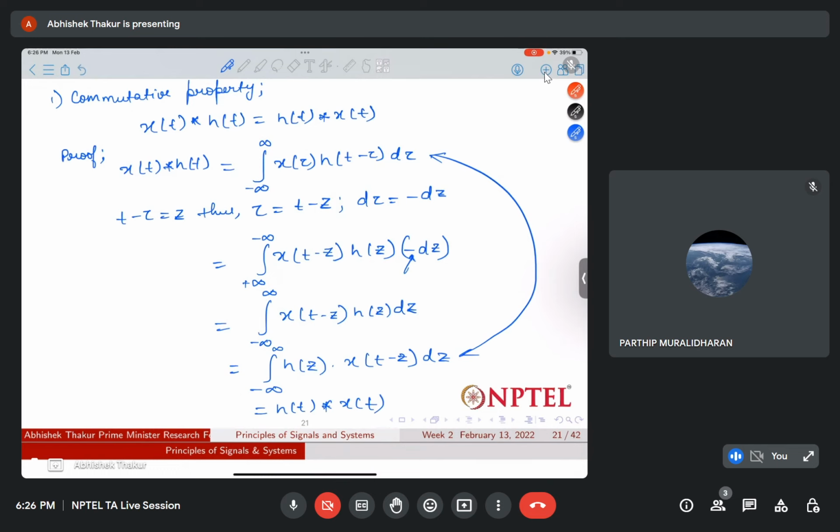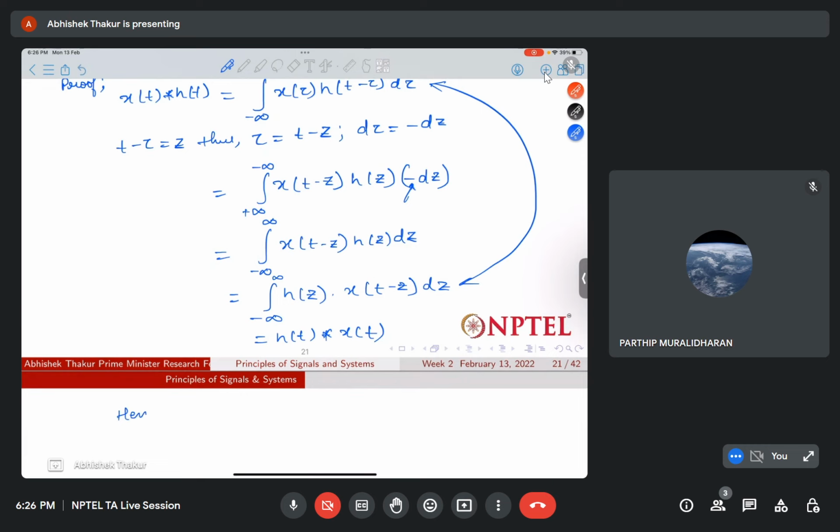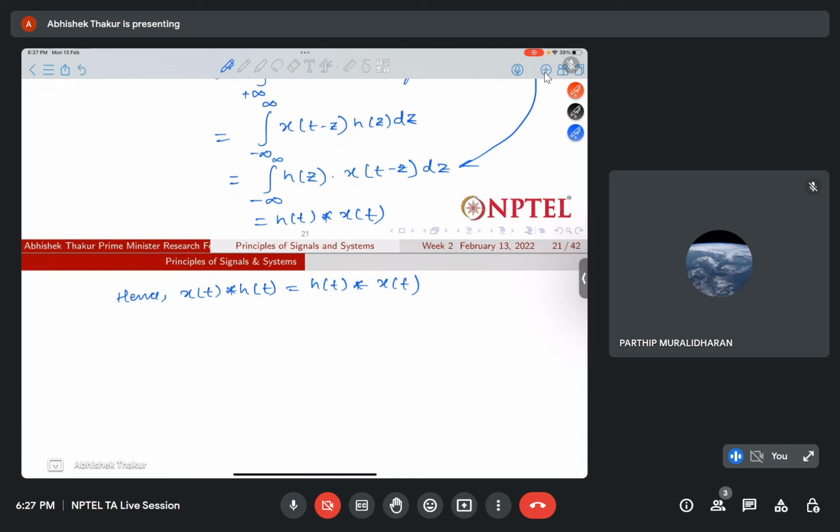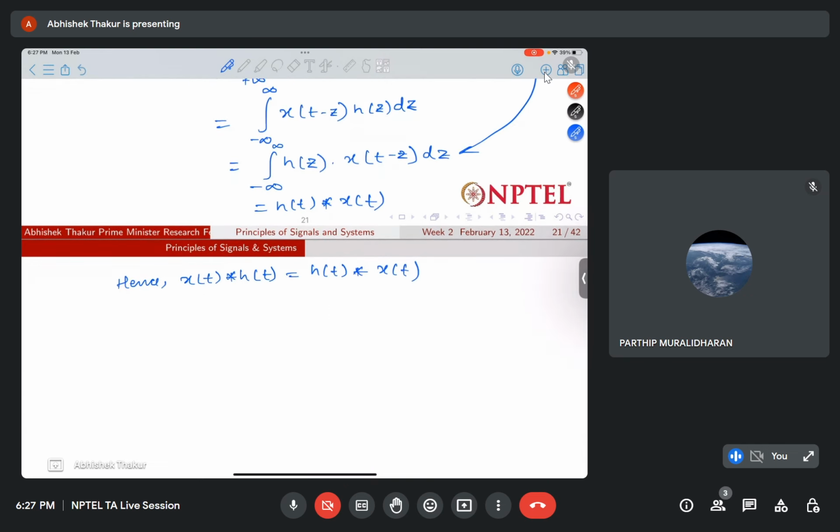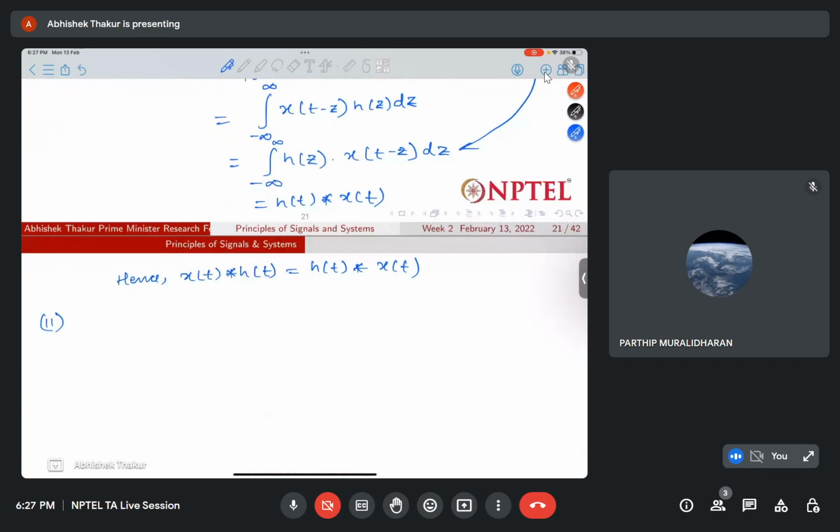Hence, x(t) convolution h(t) is equal to h(t) convolution x(t). So this is the commutative property of convolution. From now we will not see the proofs. We will directly see what the other properties are. The second one is the distributive property.